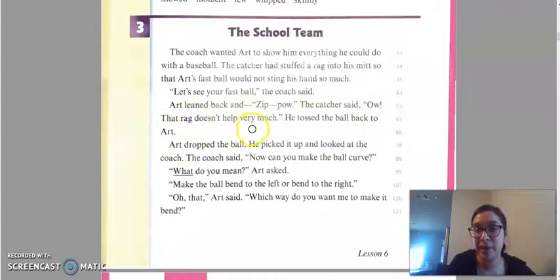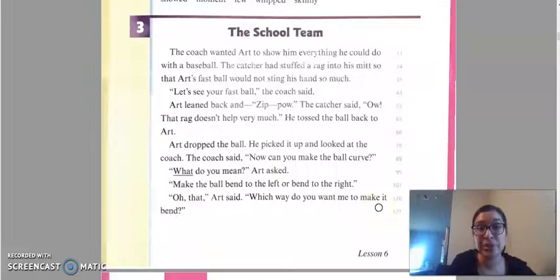That rag doesn't help very much." He tossed the ball back to Art. Art dropped the ball. He picked it up and looked at the coach. The coach said, "Now can you make the ball curve?" "What do you mean?" Art asked. "Make the ball bend to the left or bend to the right." "Oh, that," Art said. "Which way do you want me to make it bend?"